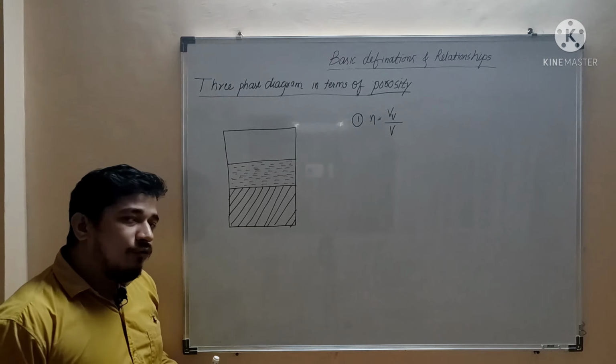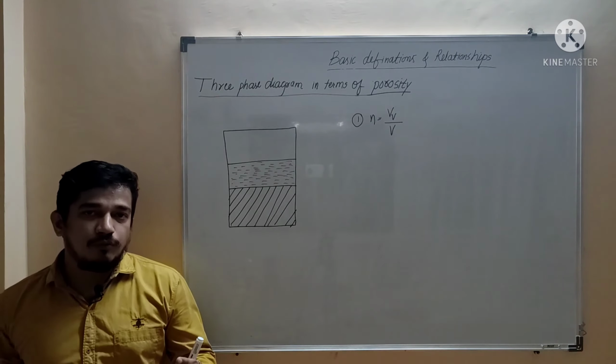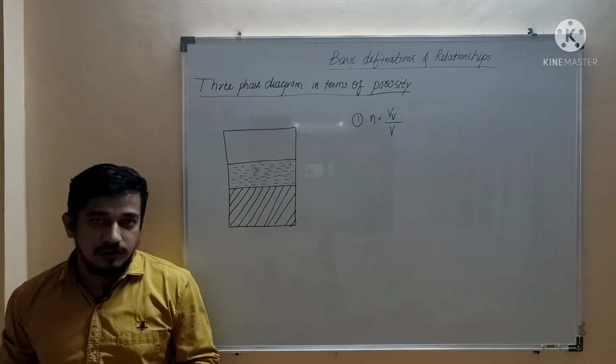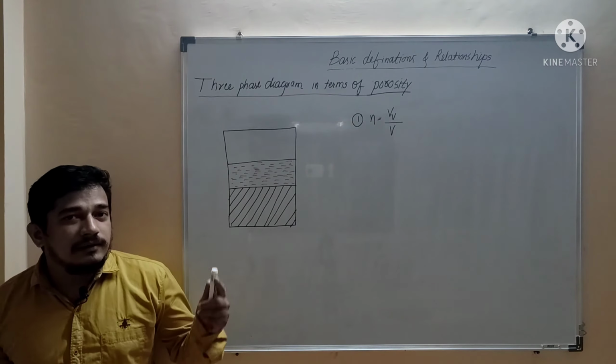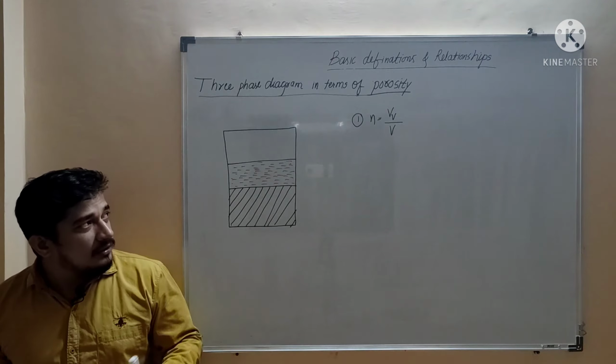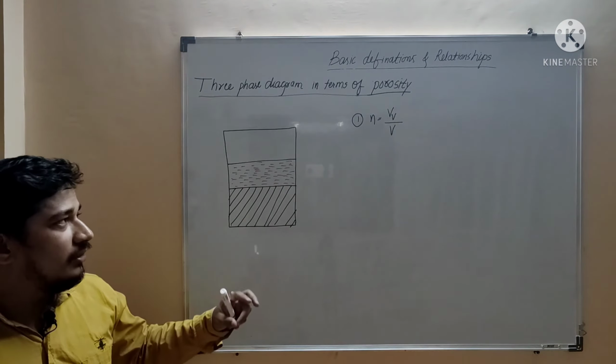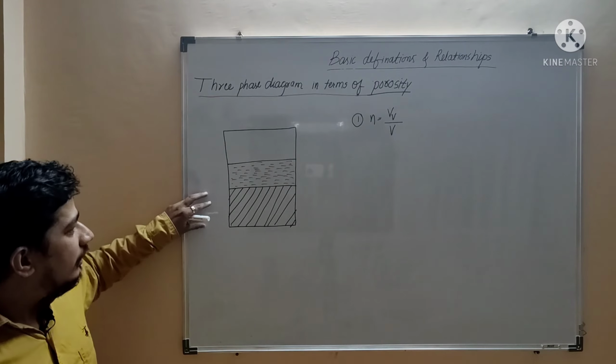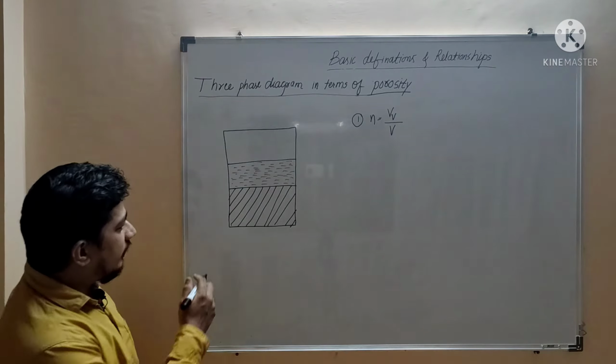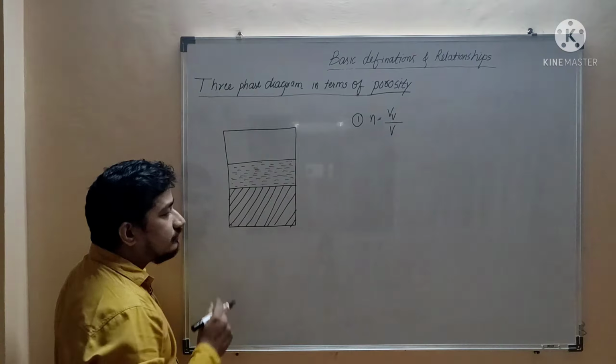So when we go for void ratio, that is volume of voids upon volume of solids. In the last session what we did is that we assumed volume of solid as unity. Now we want to express this diagram in terms of porosity.